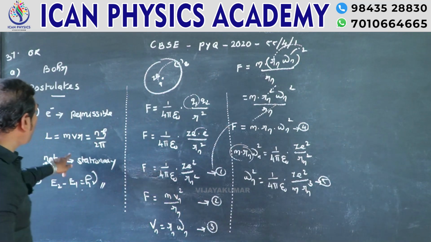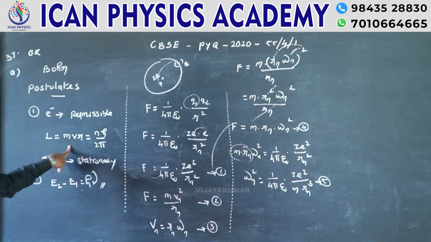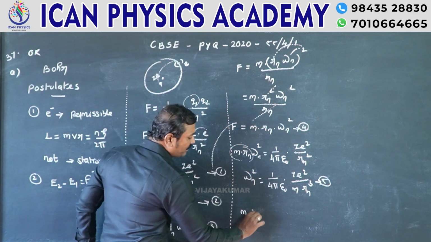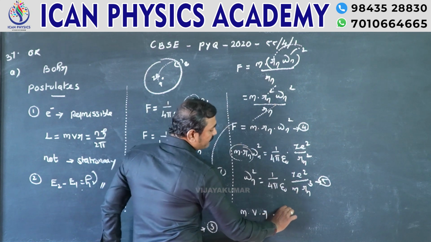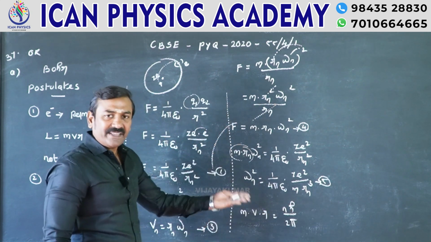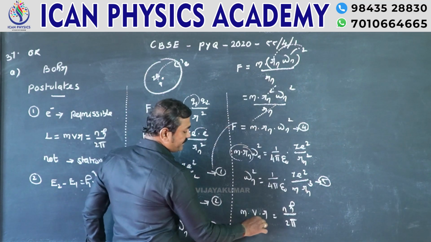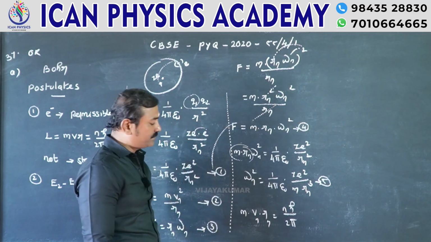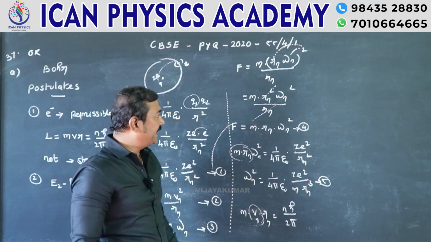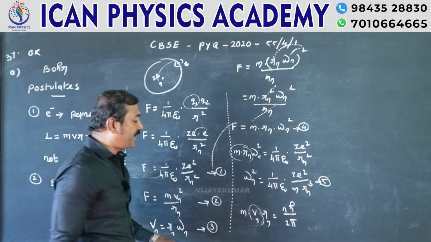Now I want to take the postulates of Bohr. So what is the postulate of Bohr? L equals m v r equals nh by 2 pi. For the radius of the nth orbit, we can write Vn as Rn omega n.